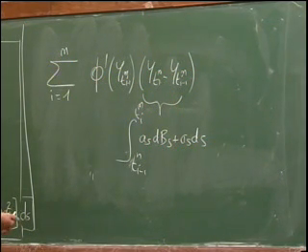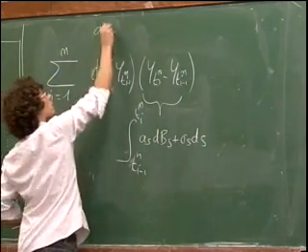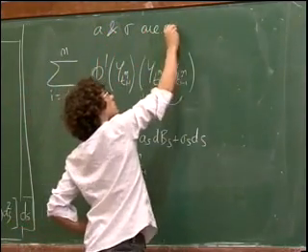I didn't assume here that a and sigma were continuous, but if you manage to prove this formula for a and sigma continuous, it's very easy by limit and density to prove that it's true for any bounded process. You just take the limit here and on this side, and everything is continuous with respect to the norm that you are looking at. So I will assume that a and sigma are continuous.